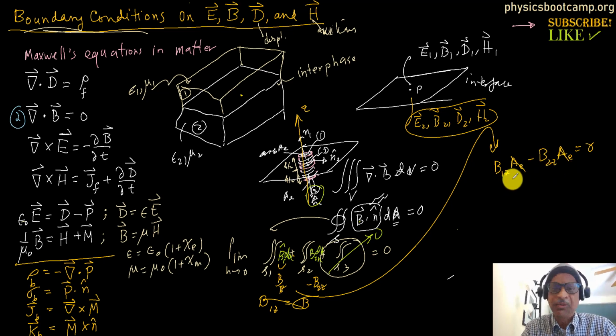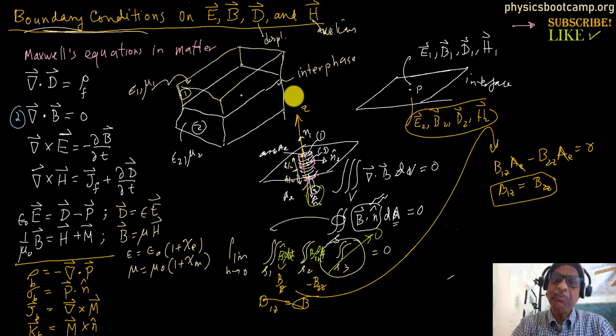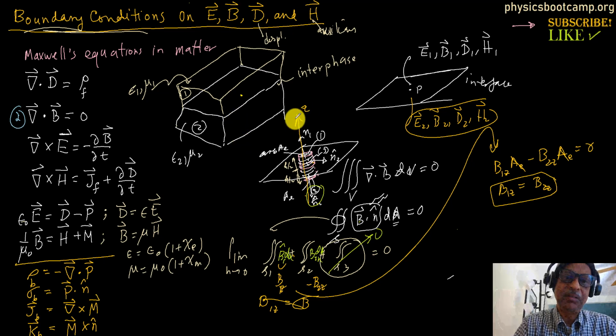So what we find out is B1z equals B2z if the z was normal. Whatever the normal is, we're going to take the normal from going from, not the pillbox, this normal is the common normal.